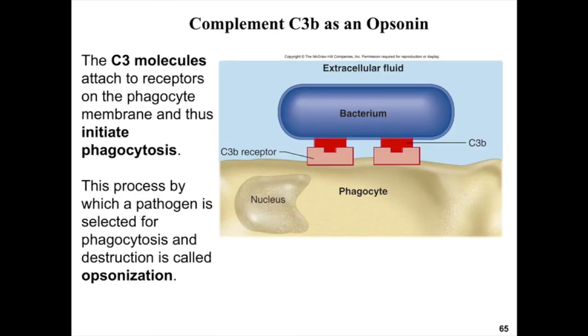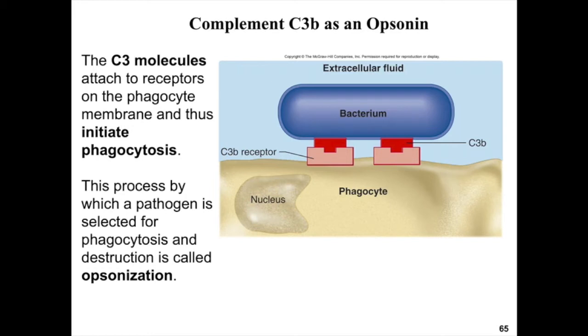So what's opsonization? Opsonization is tagging, really putting a tag on a microbe. How does it work? The C3b, which is one of the most important opsonins, binds to the microbe. And now you have to remember that neutrophils, for example, have receptors for C3b.